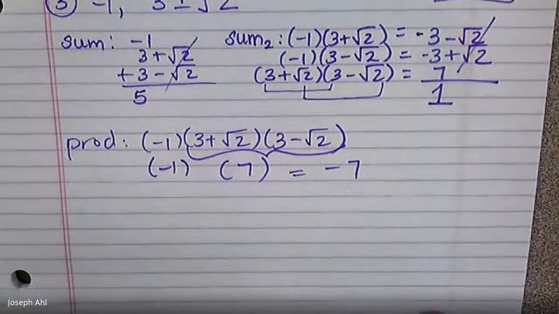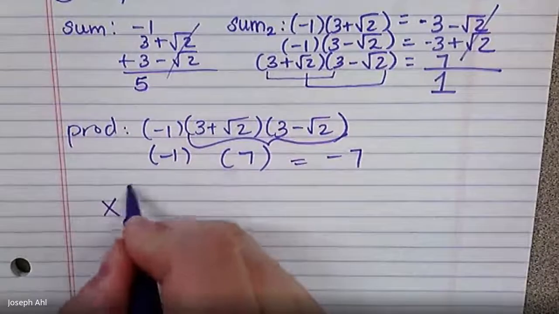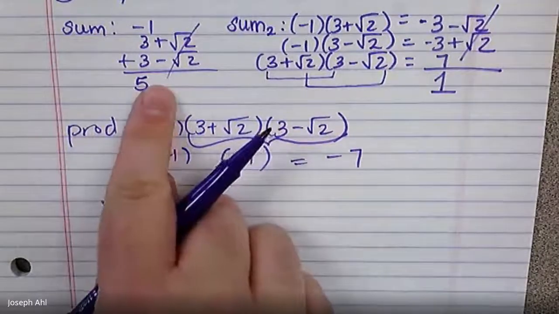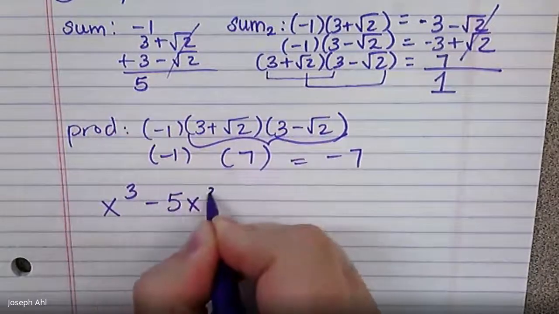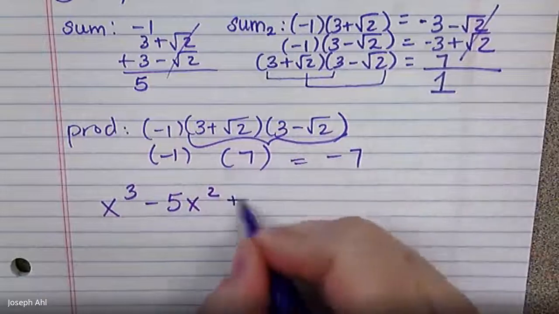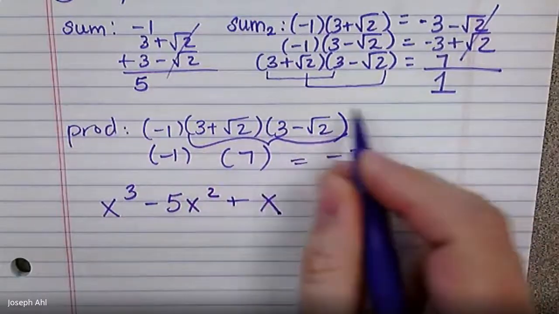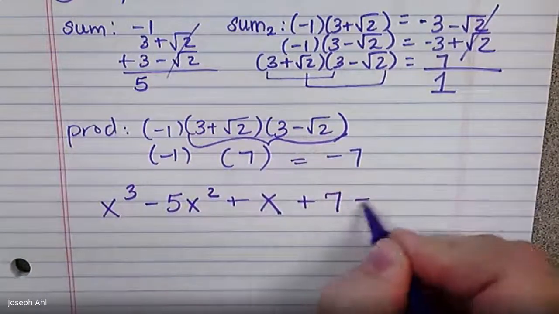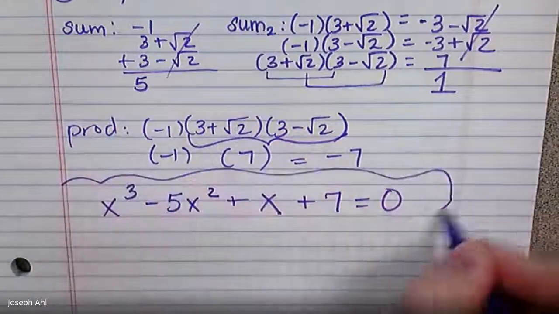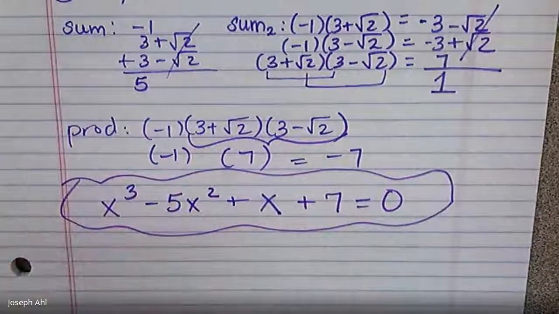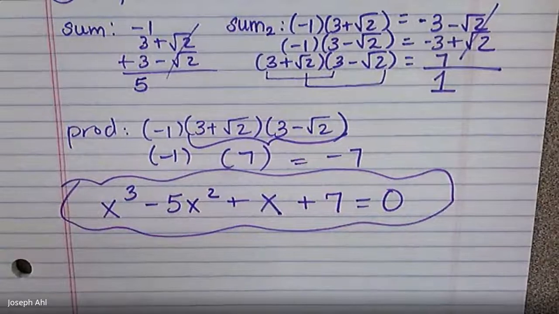So with all these pieces put together, it is x cubed, change the sum, minus 5x squared, keep the sum 2 at a time, plus 1x, change the product to plus 7 equals 0. Done. Okay? We will do a lot more practice, I promise. We'll even extend this process a little bit further in our last lesson tomorrow. Have a great rest of your day.